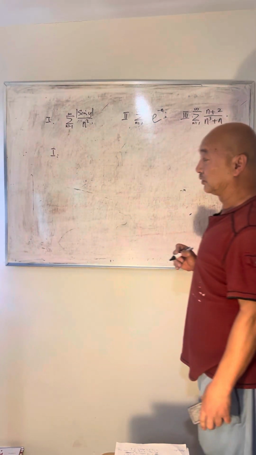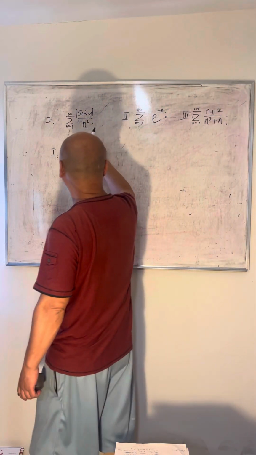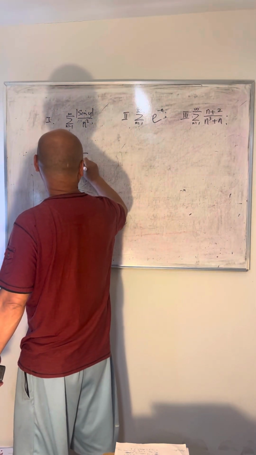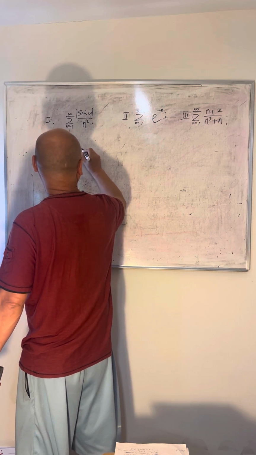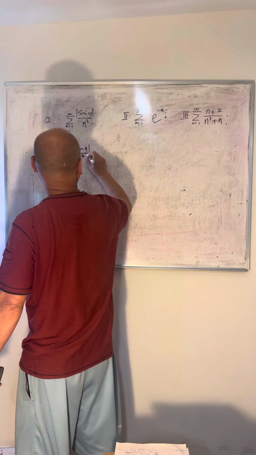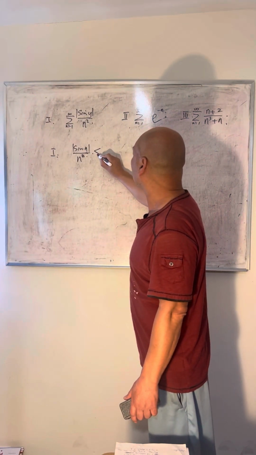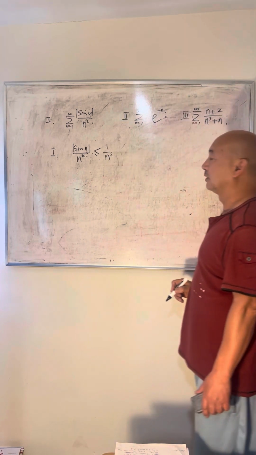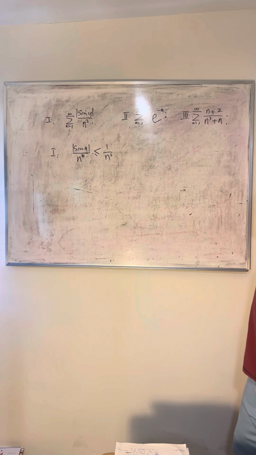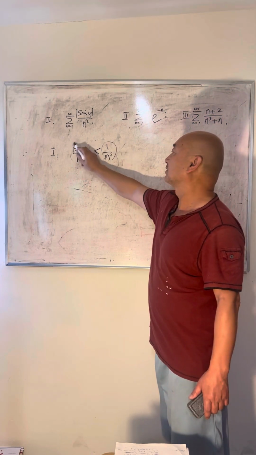By the rule, we can use the comparison test. We know this one is less than or equal to 1 over n squared. The big one, if convergent, then the smaller one is convergent.